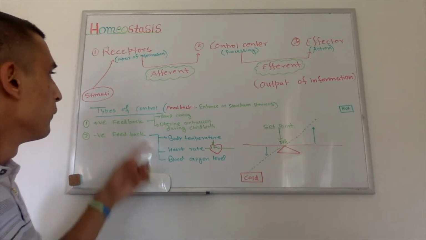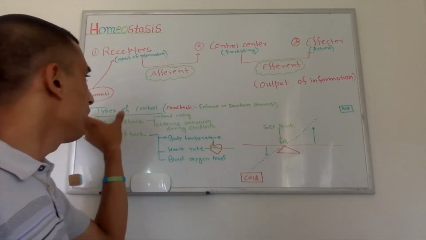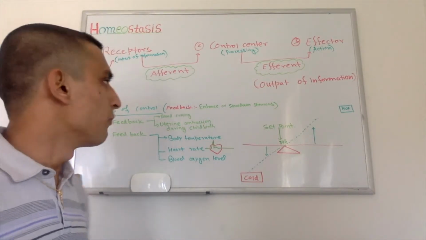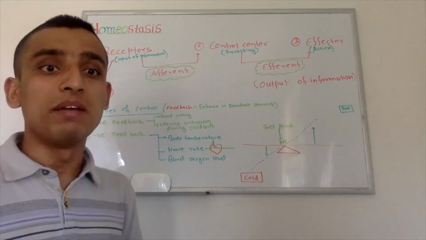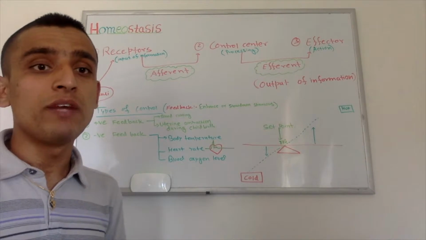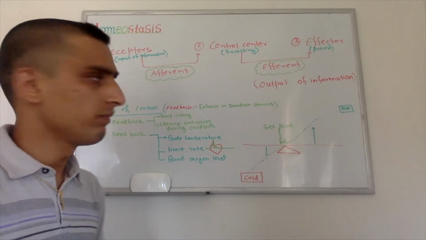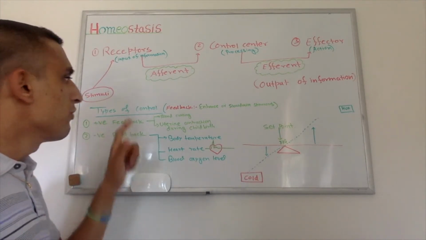Now, as I told you, there are two types of control systems through feedback mechanism, positive or negative, depending on whether the feedback enhances or slows down the stimulus. Let's see the positive feedback.